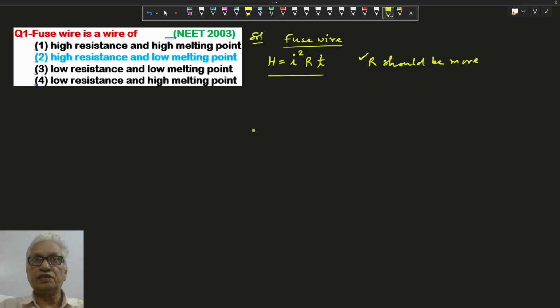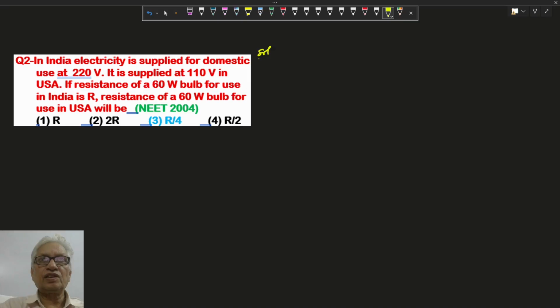If heat is developing but the wire is not melting, then the circuit will not open. So fuse wire must have a low melting point. These are the properties of fuse wire. So here option 2 is correct.